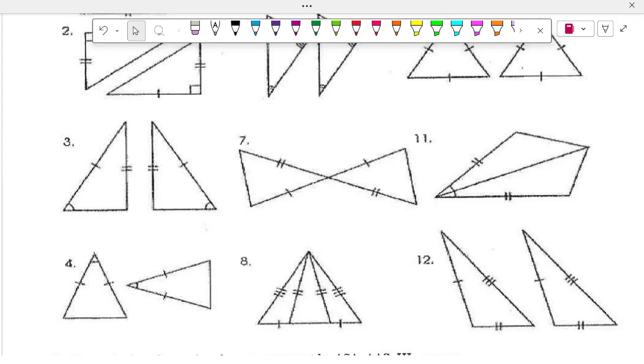Okay, when we do classwork, we'll talk about it. So guys, yes, this one is definitely not enough info. This one would be SSA, and it's not a right triangle, so we can't use hypotenuse leg.